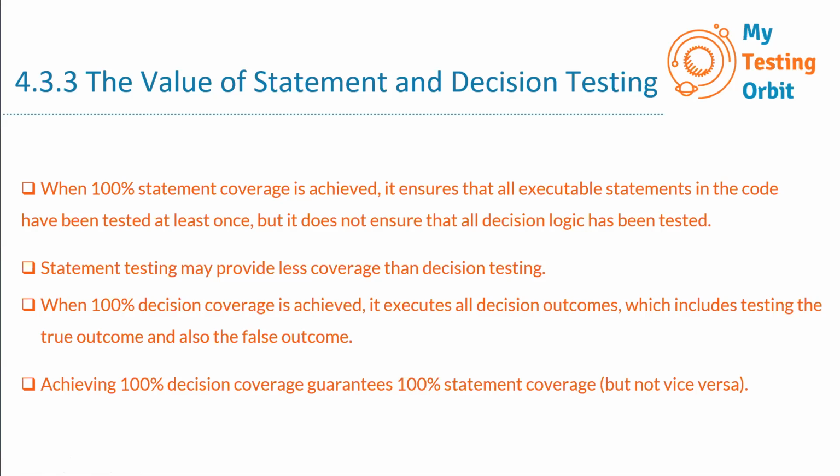I hope this difference is quite clear: decision coverage measures the coverage of decisions or conditions in the code, including both true and false, while statement coverage measures the number of statements in the code which have been executed. So is there any question around statement and decision testing?